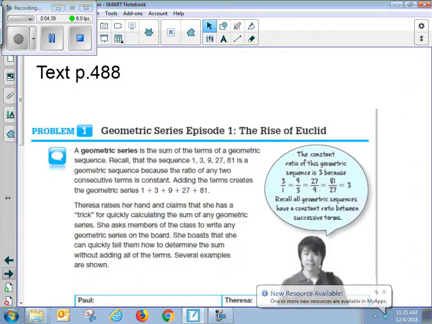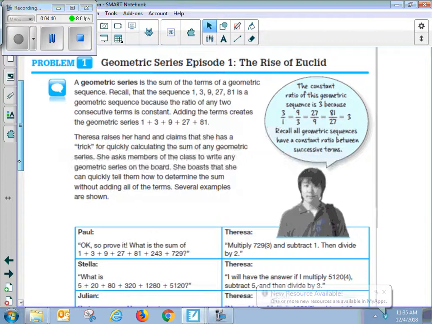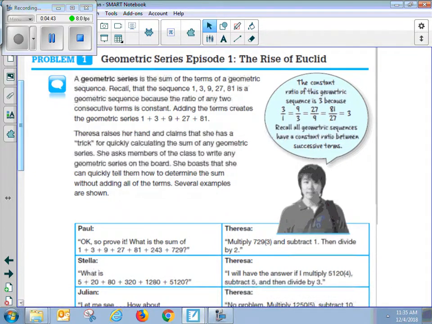Now, we are doing the geometric series. So yesterday with your arithmetic series, we converted our commas over to plus signs. So today we do the same thing. We're converting our commas over to plus signs to go from sequence to a series.